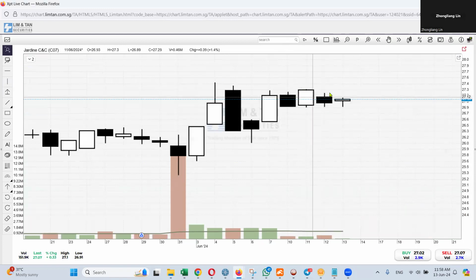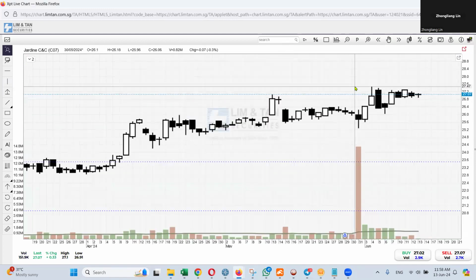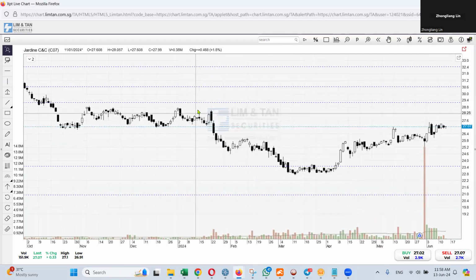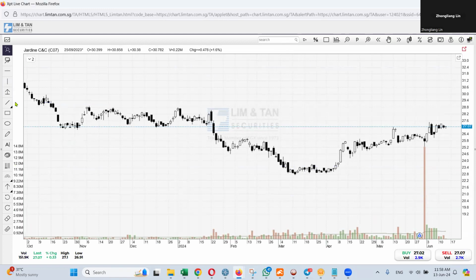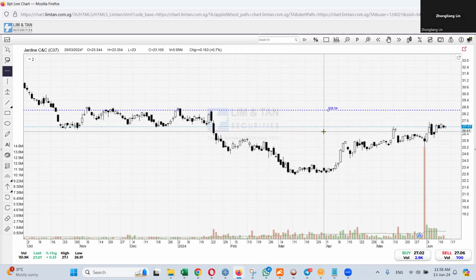The consolidation is still taking place. So if it can break out above the resistance, that will be a positive, very bullish signal, especially with the volume high and the candle long. Okay, so the resistance will be around 28.54.